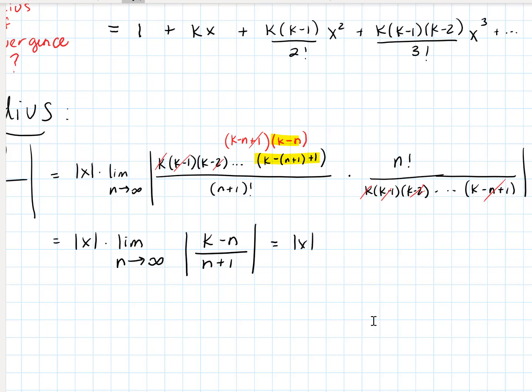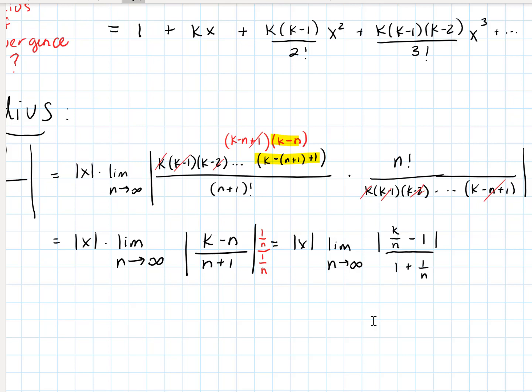K is a constant, and so what would be helpful right here is if I multiplied top and bottom by 1 over n, and then this is going to become the limit of the absolute value of k over n minus 1 divided by 1 plus 1 over n. Now, the denominator is positive, so I did leave the absolute values just in the numerator, but we could have left them on the denominator as well.